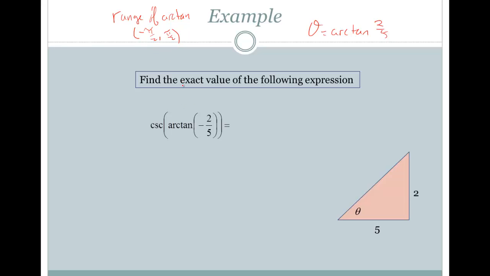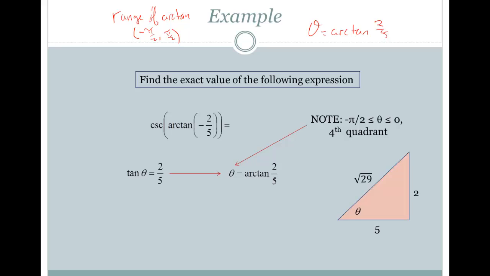So because this is negative, we're looking for the value in the 4th quadrant. Knowing the two sides of a right triangle, we can find the hypotenuse. Here it's the square root of 29, and so I can write tangent of theta is 2/5. That's using this information right here, and theta is going to be arctan of 2/5, and again we're going to be looking for the value in the 4th quadrant, that -pi/2 to 0.